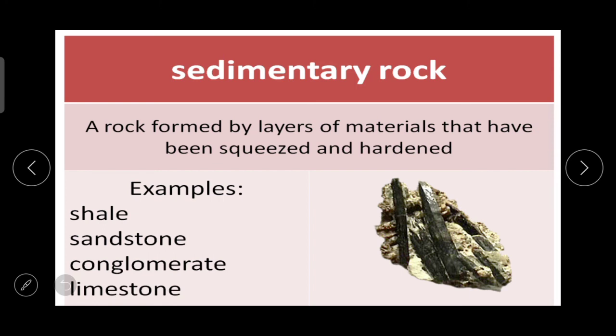Now the next type, sedimentary rocks. Due to continuous variation in the temperature, rocks develop cracks. As we know, there is variation in the temperature, and because of this, rocks develop cracks. And when rocks develop cracks, the water percolating through rocks dissolves the soluble minerals.